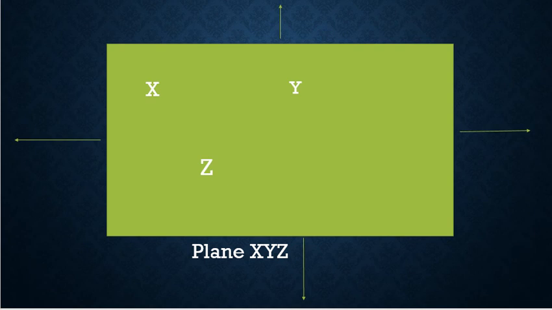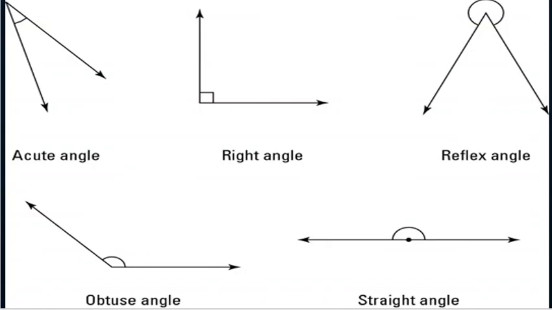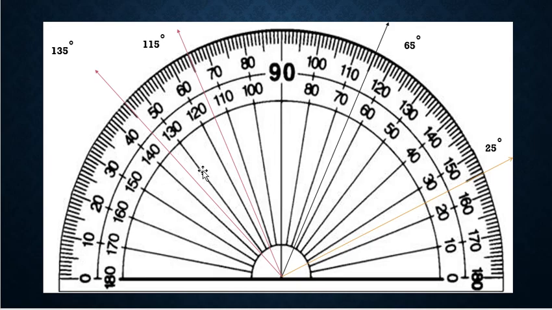And now let us see a few angles. What are angles? How can we form angles? How can we identify whether the given angle is an acute angle, a right angle, an obtuse angle, or a reflex angle? Now if we see this protractor, we will consider its inner scale. If the angle is less than 90 degrees, it is an acute angle.